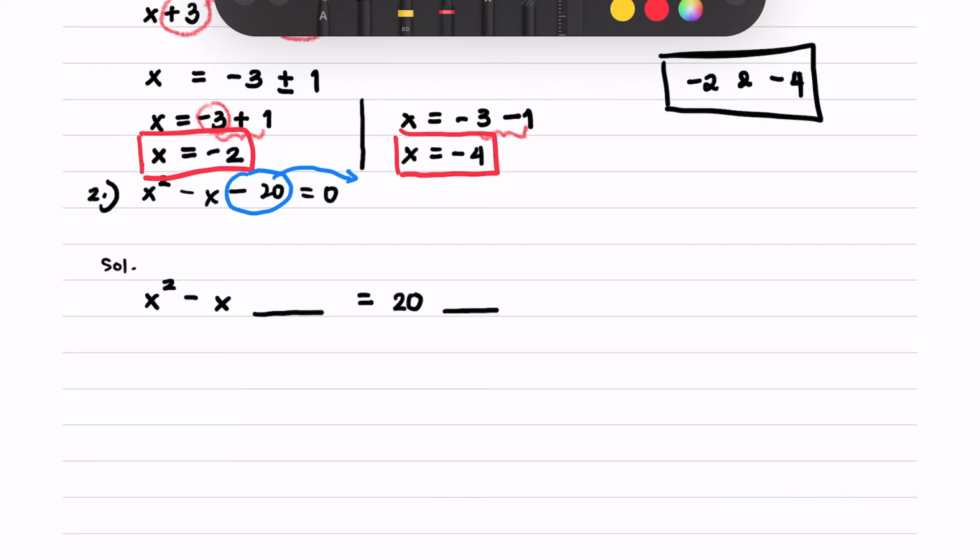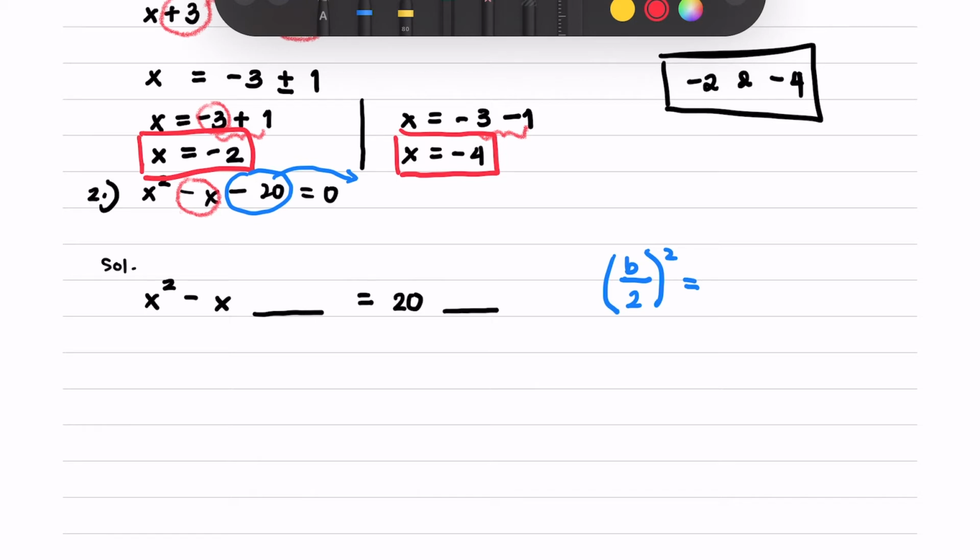And then, ang next thing na gagawin natin once na na-isolate na yung constant natin is hanapin natin yung value ng b. And we will use this formula, yung quantity b over 2 squared. So, ang value ng b natin here is ito yon.